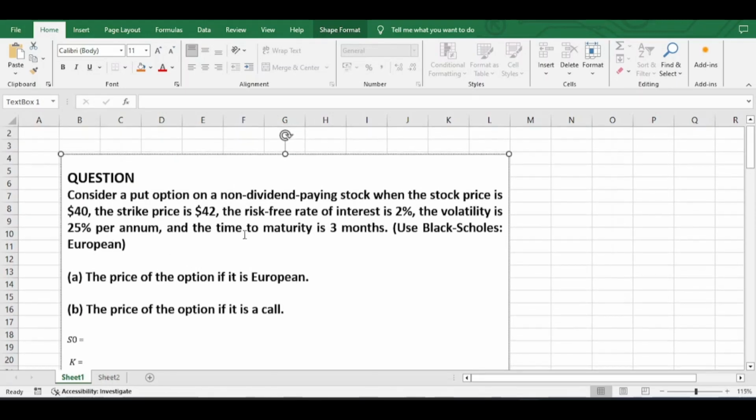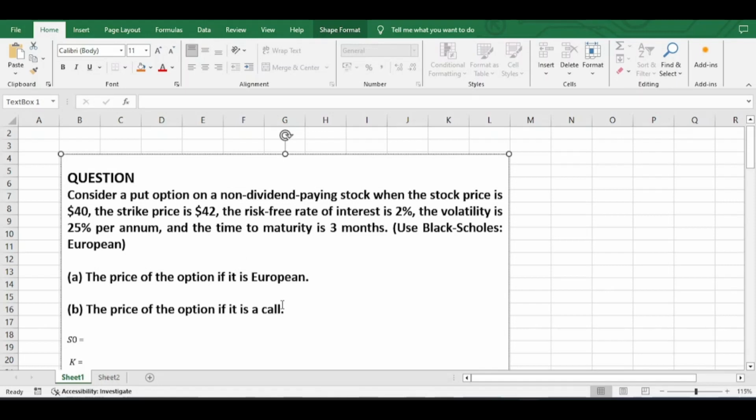Let's talk about each variable first. So this $40 is the current stock price. Strike price means an option holder will have an option to exercise its put option at this price. Because it's a put option, the option holder will only exercise the option if the stock price in 3 months' time will be less than the strike price.